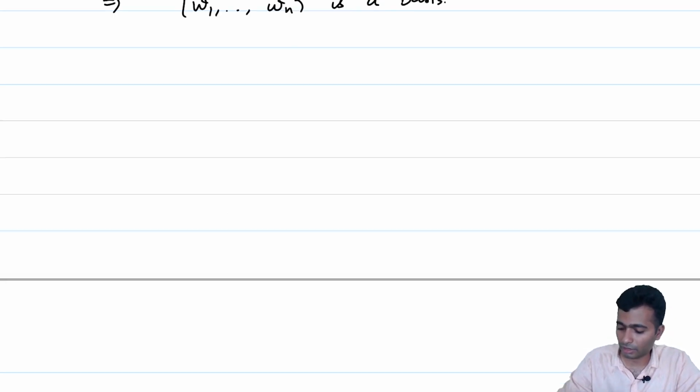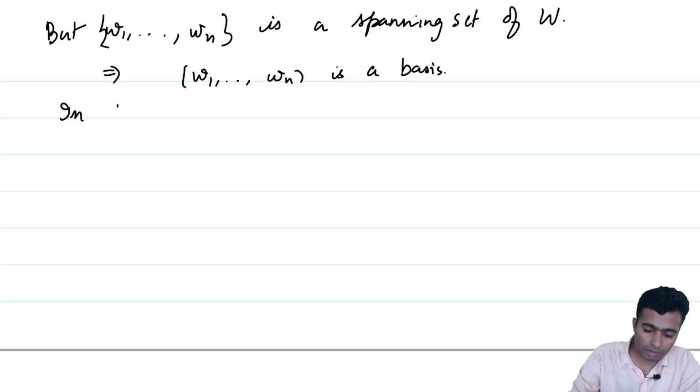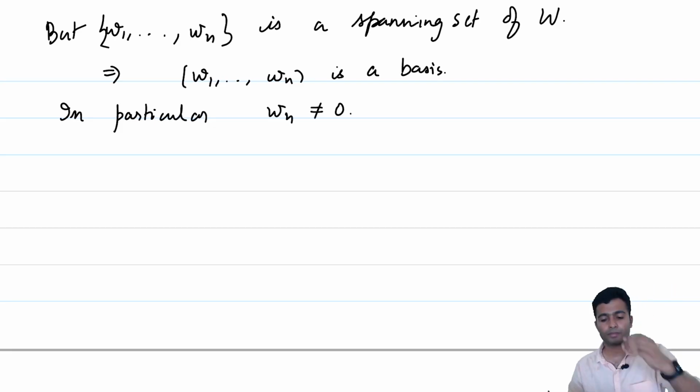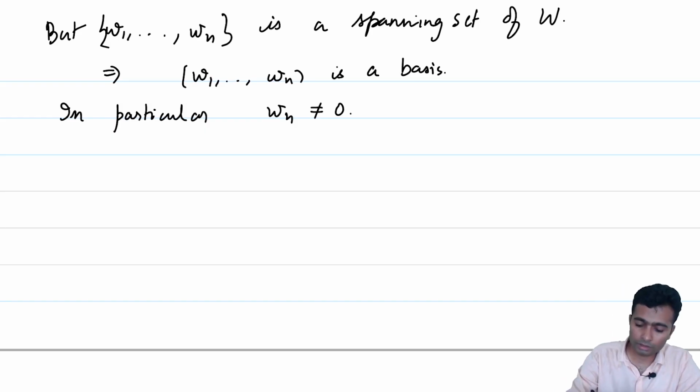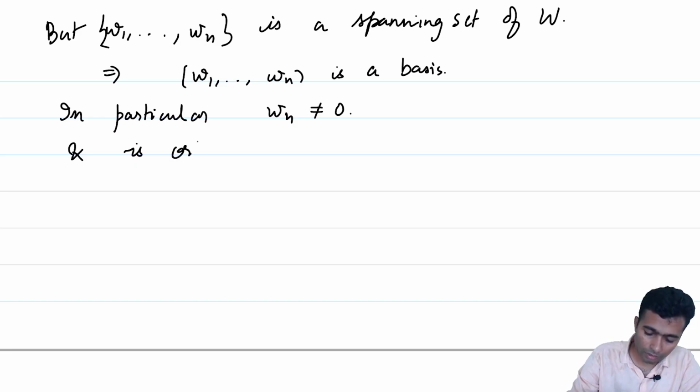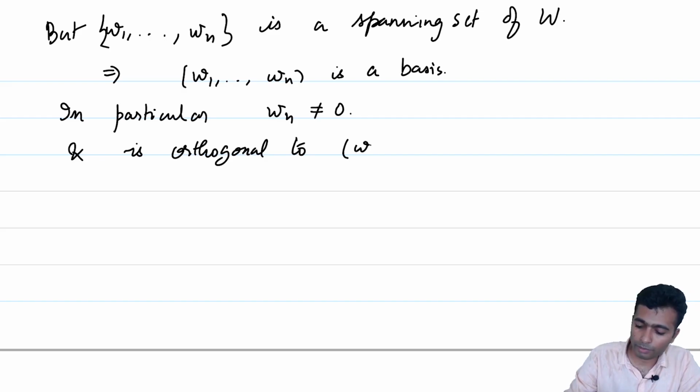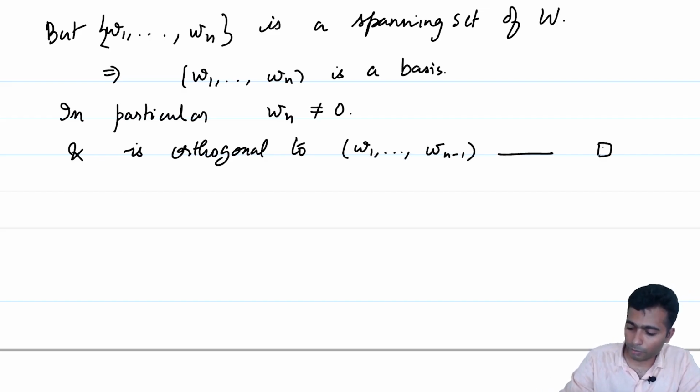So in particular, we cannot have Wn to be 0. Wn is not the 0 vector, and moreover by construction it is orthogonal to W1 to Wn minus 1, and that completes the proof.